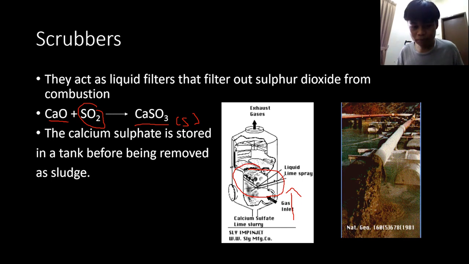The only problem here is that we need to clear out the tank before it gets full, because since the sulfur is not released in the air, it will be stored in the tank, which in turn causes another problem, which is how to get rid of the sulfur. But at least in our situation, we get to reduce acid rain.